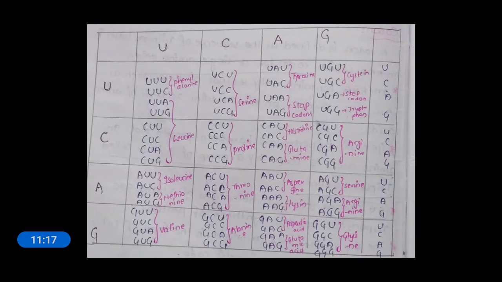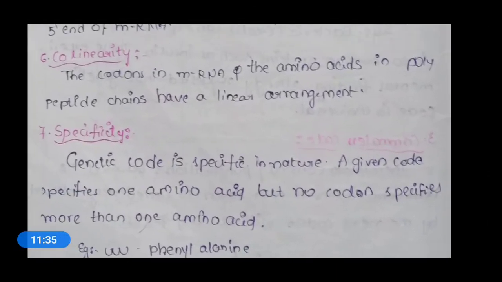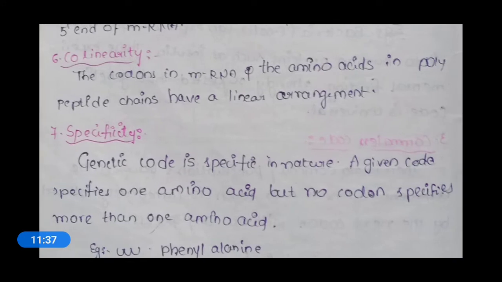If you see phenylalanine, UUU will code for phenylalanine, but phenylalanine has one more triplet codon for its expression, that is UUC. So all these triplet codons will show codon specificity.